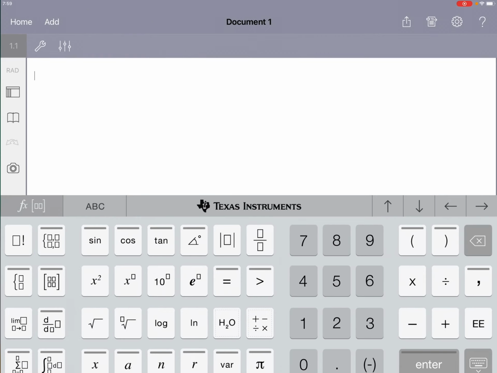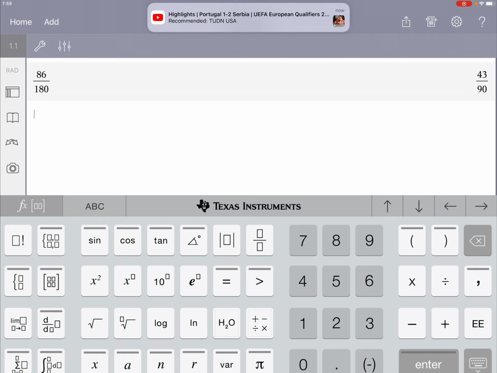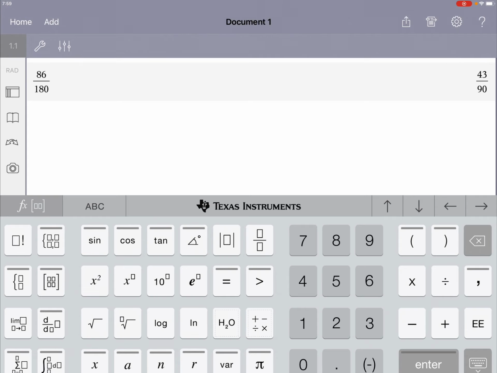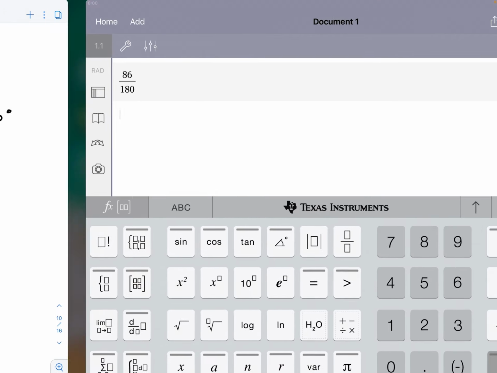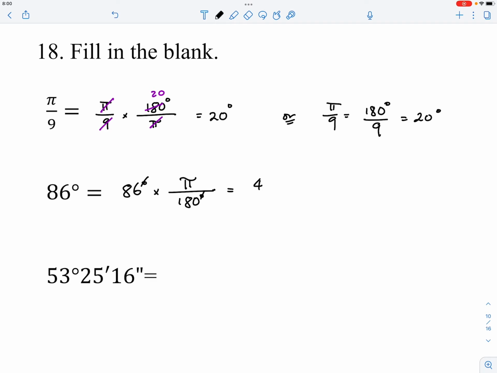If you have a calculator, nothing more than just divided by 2. So 43 over 90, the reduced fraction. So 43 pi over 90, it's all you can do.